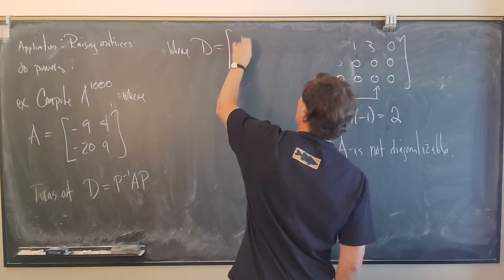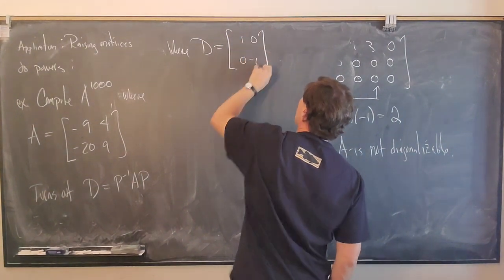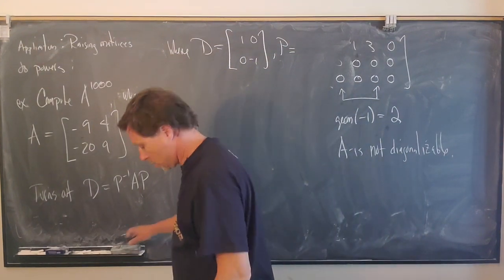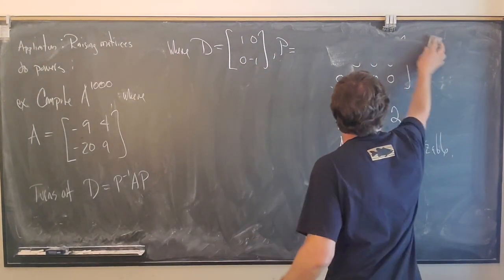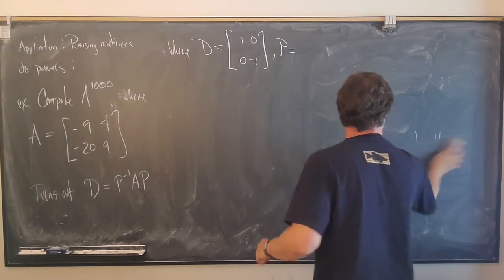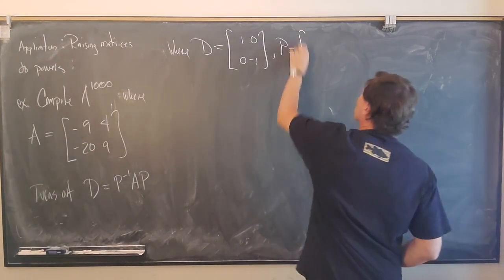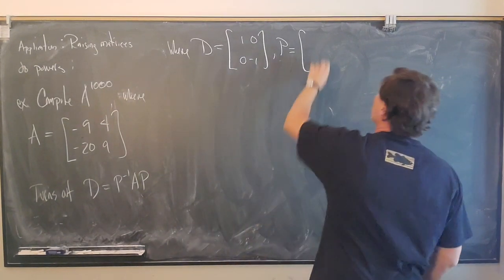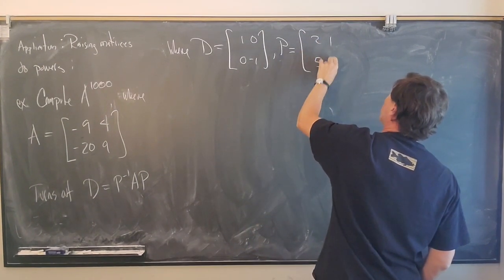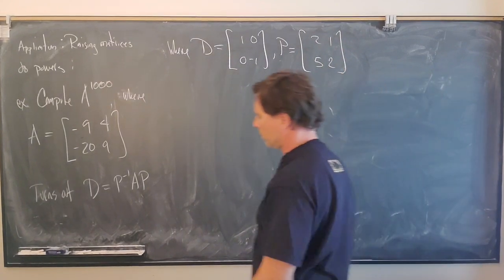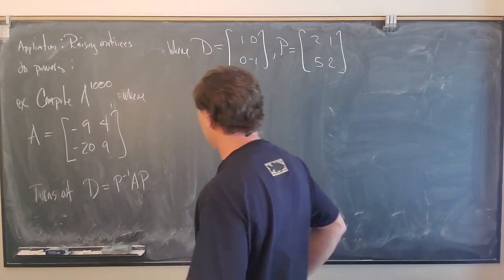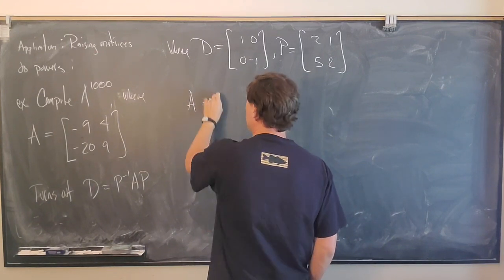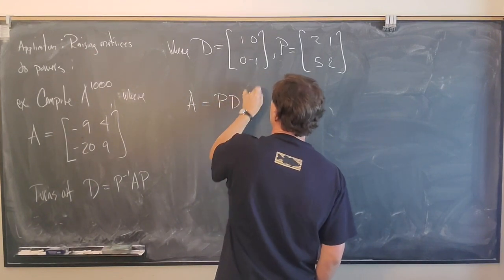So D equals 1, 0, 0, -1. And P equals, so now A is equal to P D P inverse.